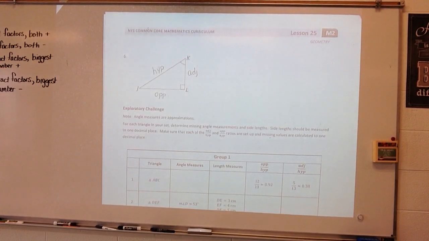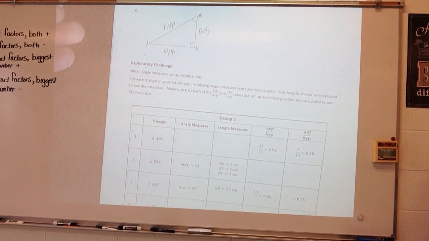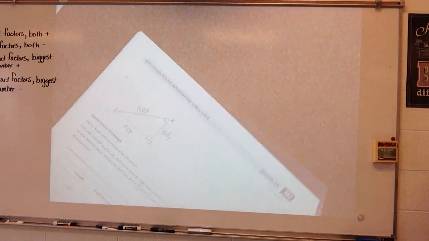All right. So, now that we've done that, we now know how to label the sides depending on what angle we're looking at. In the following exploratory challenge, we're going to be looking at angle measures and these different triangles.